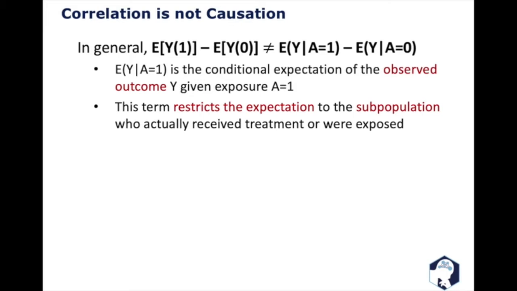And so our average causal effect of interest is not necessarily equal to the difference of the conditional expectations of the observed outcomes given those who get treated and not. The expression on the right-hand side is with respect to our observed data, our observed outcomes. These conditional expectations restrict to the subpopulation who actually received the treatment or were exposed, or vice versa for A equals 0, who were unexposed.